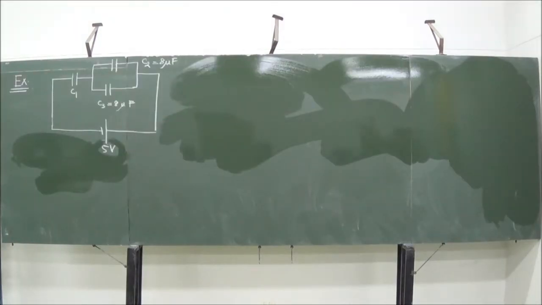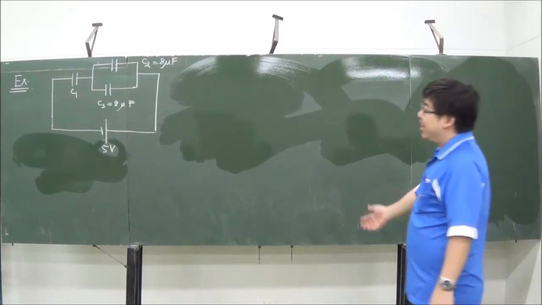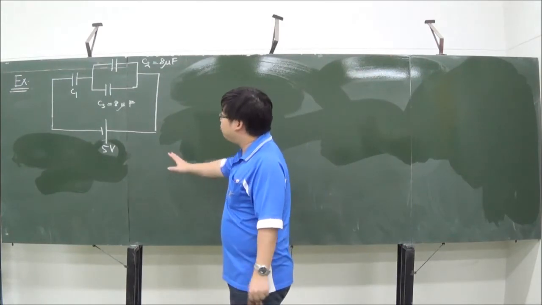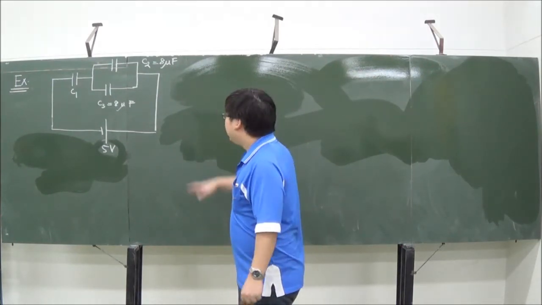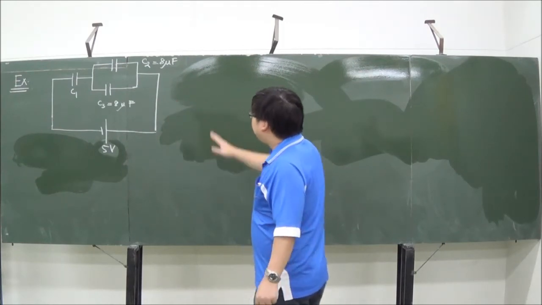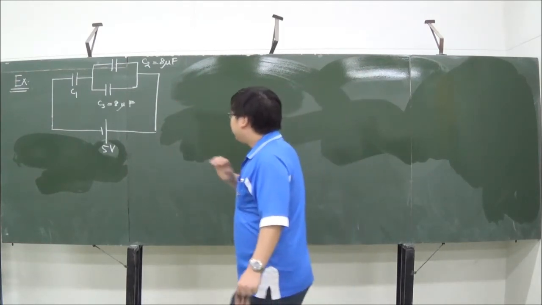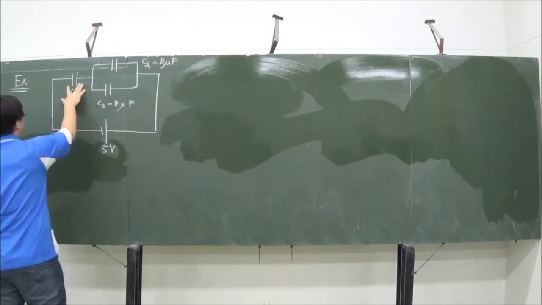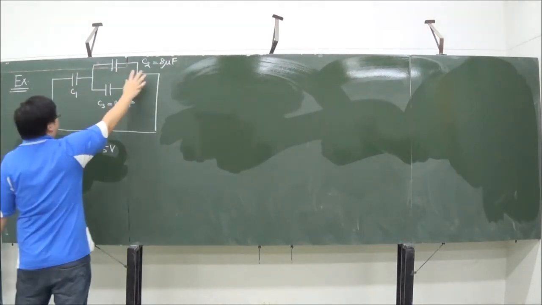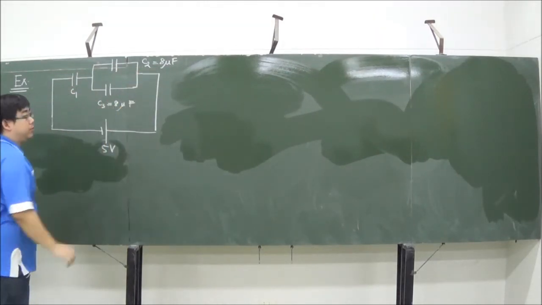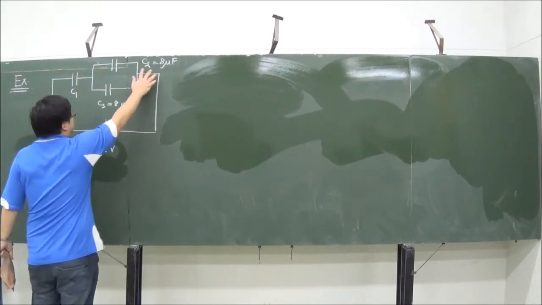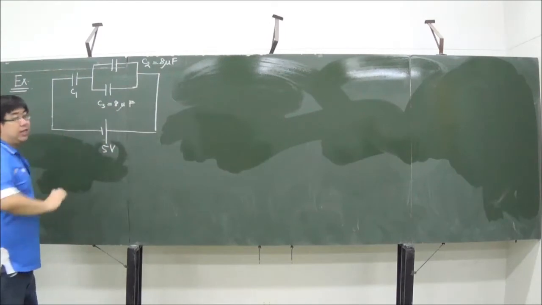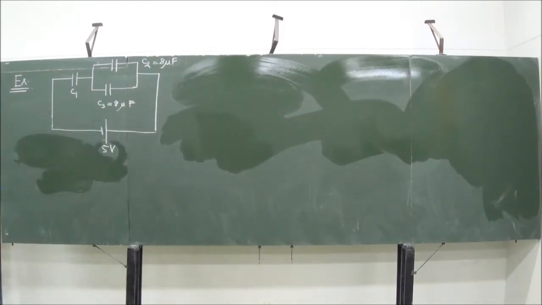Okay, now we've got the last topic left, and that topic is dielectrics. But before we move on to that, let's look at two examples. This is the first example. In this example, we've got C1, the first capacitor, the second capacitor, and the third capacitor. And from this diagram, you see that C2 is connected in parallel with C3.